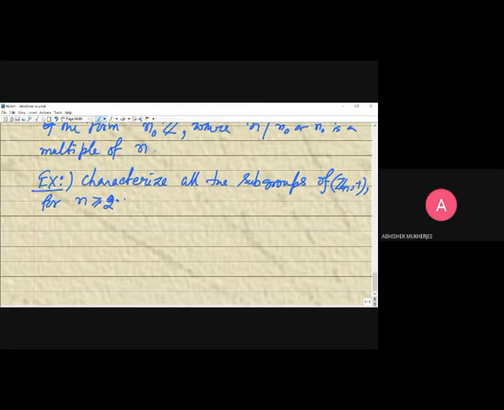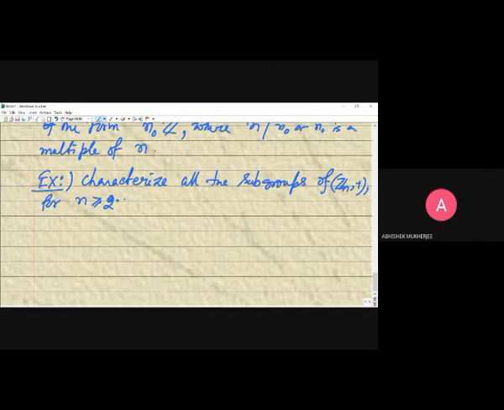We have seen earlier that if you take any element a in a group G, a non-identity element, you can construct a cyclic subgroup, which is the smallest subgroup in the group containing that element.